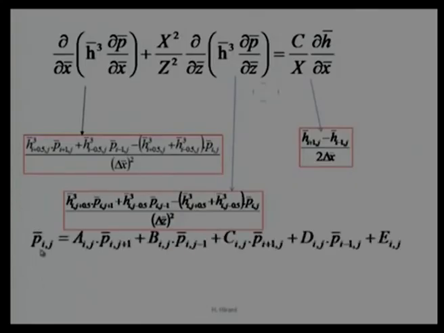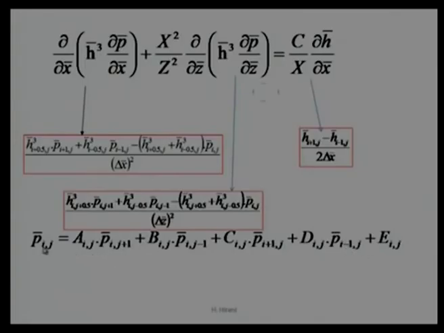So, we want the nodal pressure at any node I j, which will be a function of the nodal pressure at I j plus 1. Similarly, it will be a function of I j minus 1, a function of I plus 1 j, and a function of p I minus 1 j.